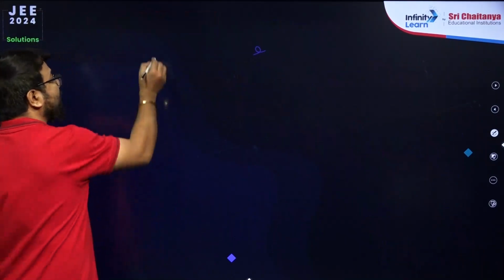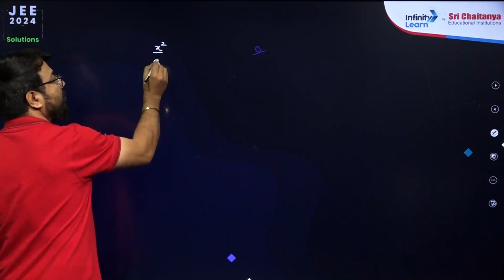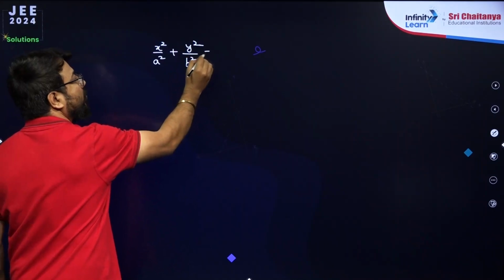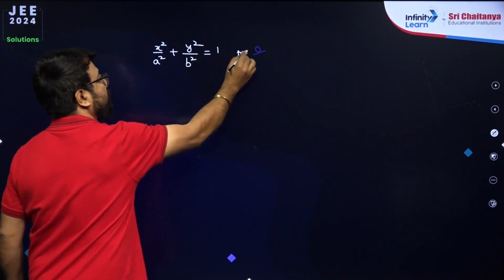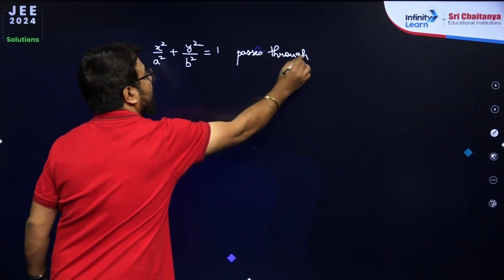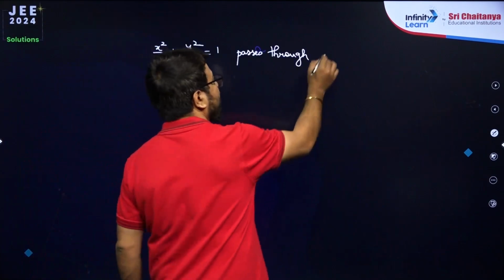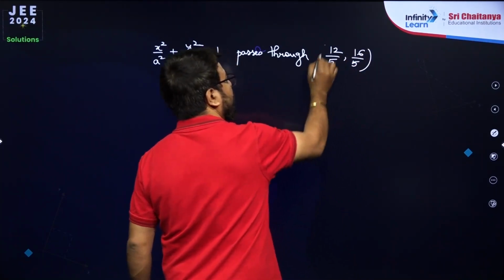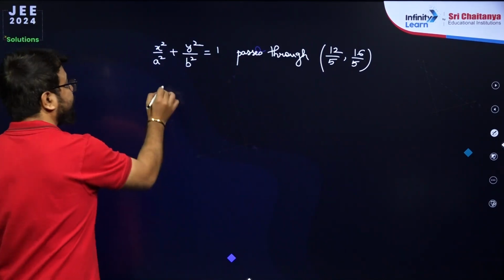Now we know that this ellipse, x square upon a square plus y square upon b square, passes through the focus of the parabola. Okay, and what is the point? That is the focus (12 by 5, 16 by 5). So that means it will satisfy its equation.